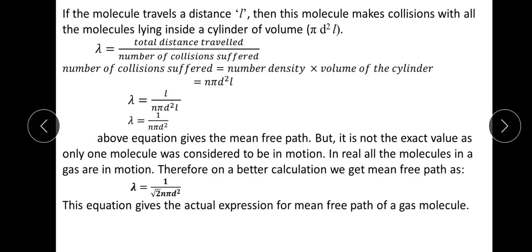Now, the mean free path is represented by lambda. How do we find lambda? Lambda is the total distance traveled divided by the number of collisions suffered.